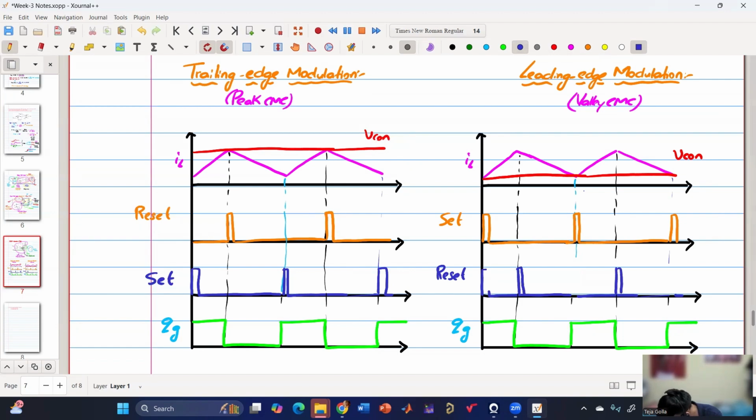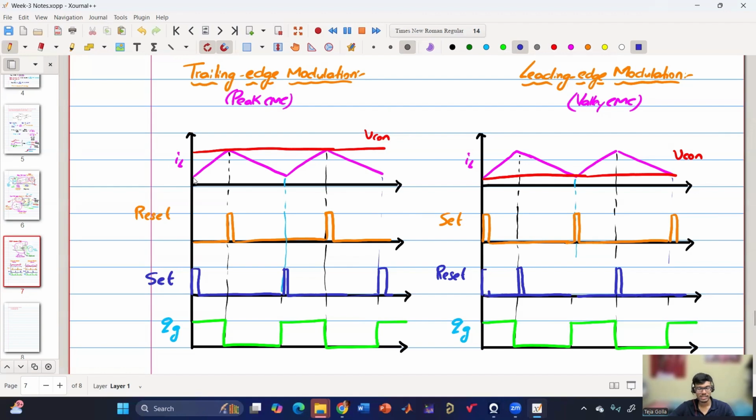So QG remains the same. If you remember, even in the trailing edge, leading edge of voltage mode control, the duty ratio remains the same. Only the modulation technique is different. So here also, set and reset are interchanged, but the gate pulse will remain the same. Here, whenever it is hitting the peak, there it is resetting. Here, whenever it is hitting the valley, there it is setting.